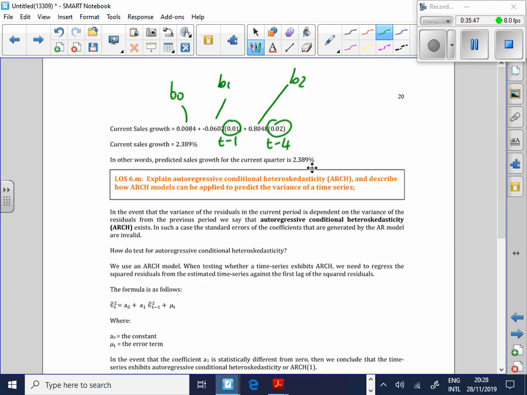How do we test for ARCH or GARCH, guys? By the way, when we work with GARCH, the G stands for generalized, but don't spend a lot of time on that. How do you test for ARCH, guys? Because ARCH is a problem, isn't it? What's ARCH?